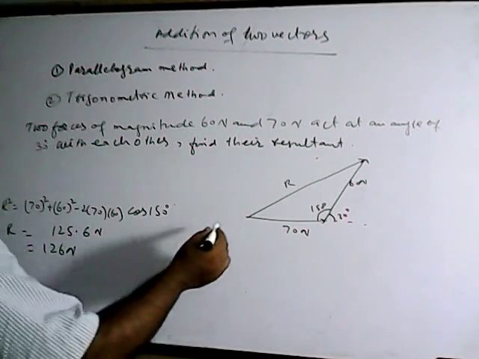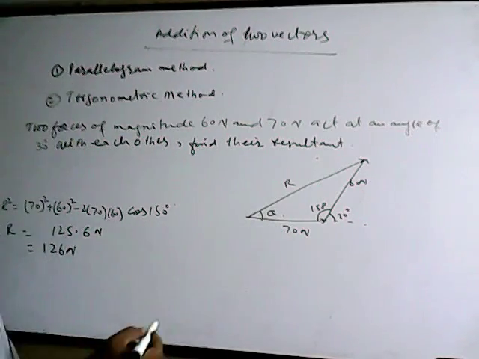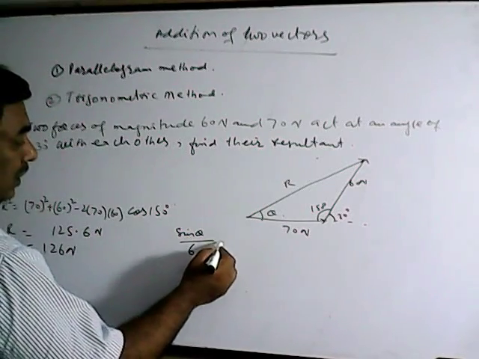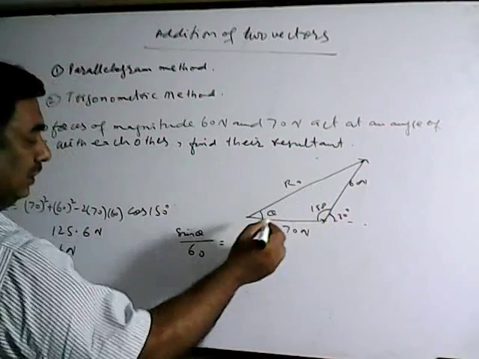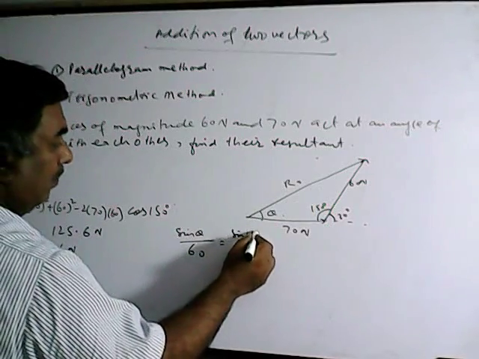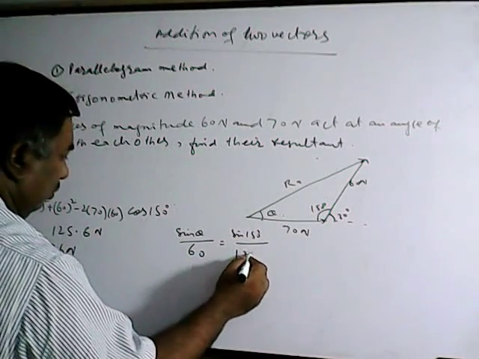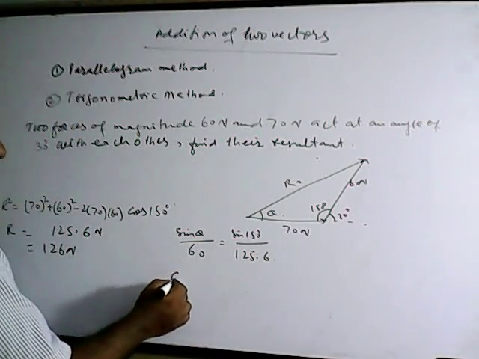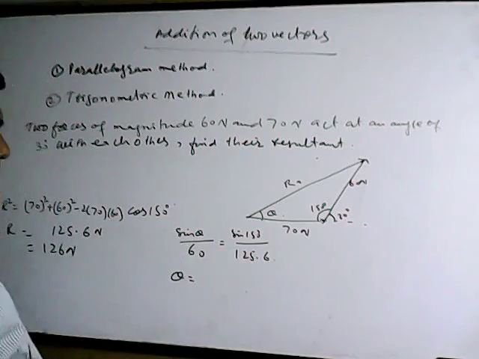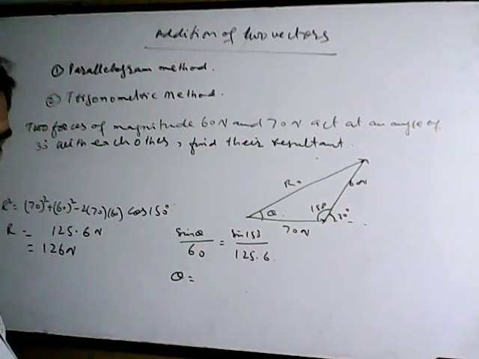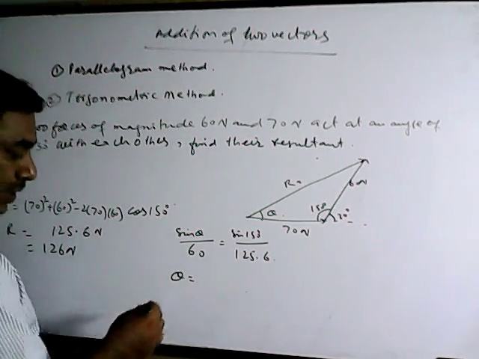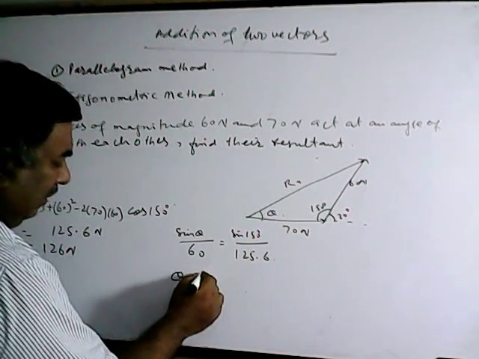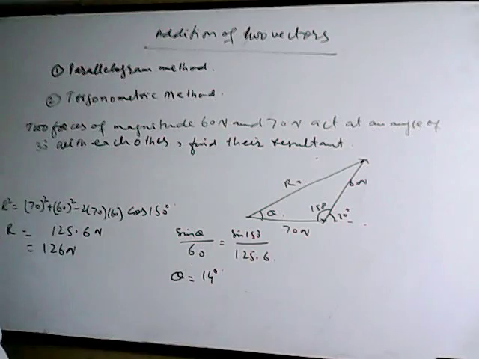And now if you want to find this angle theta, you can use the law of sines. You can say sine theta upon 60 will be equal to sine 150 upon the value of R, and you should use exactly 125.6 Newton. When you calculate this, theta, which is with the 70 Newton, will be coming out to be exactly 14 degree.